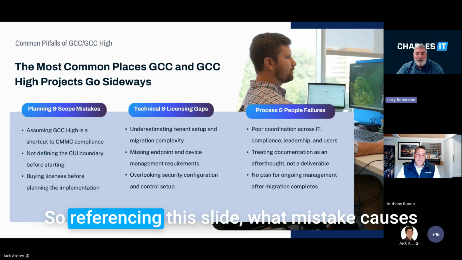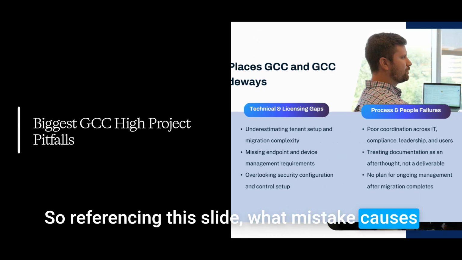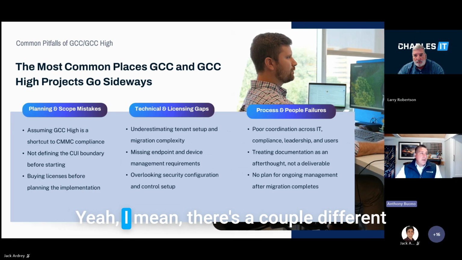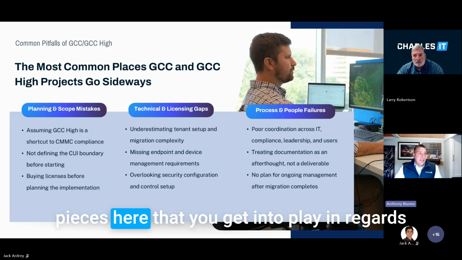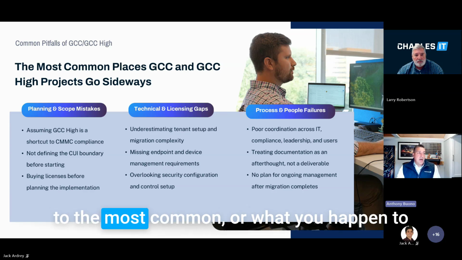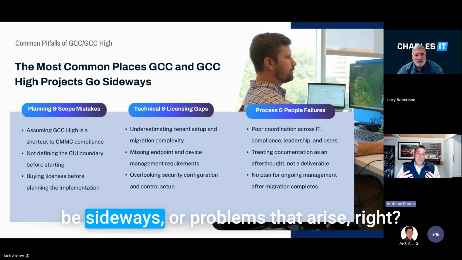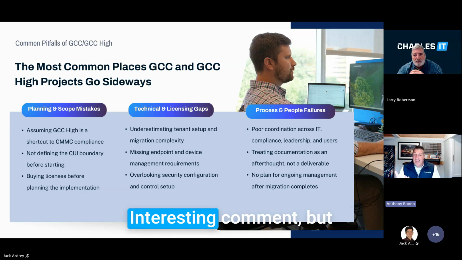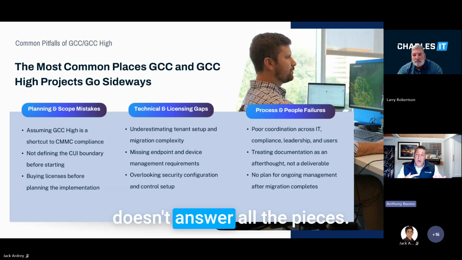So referencing this slide, what mistake causes the most trouble in real world projects? There are a couple of different pieces in regards to the most common problems that arise. Assuming GCC High is a shortcut to CMMC compliance. Interesting comment, but does it answer all the pieces?